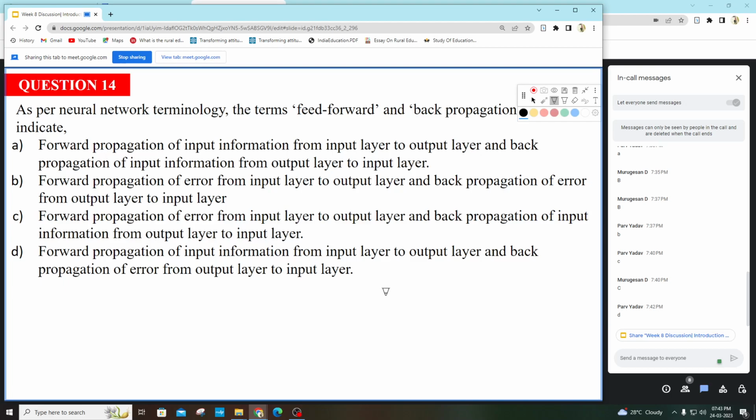Parv is telling D. Any other guesses? Murugesh: I think D is the correct one. So let's read all this. In a feed forward and back propagation neural network, feed forward means our information should only go in the forward direction, from input layer to output layer. Back propagation of error means our error correction should go from output layer to input layer.